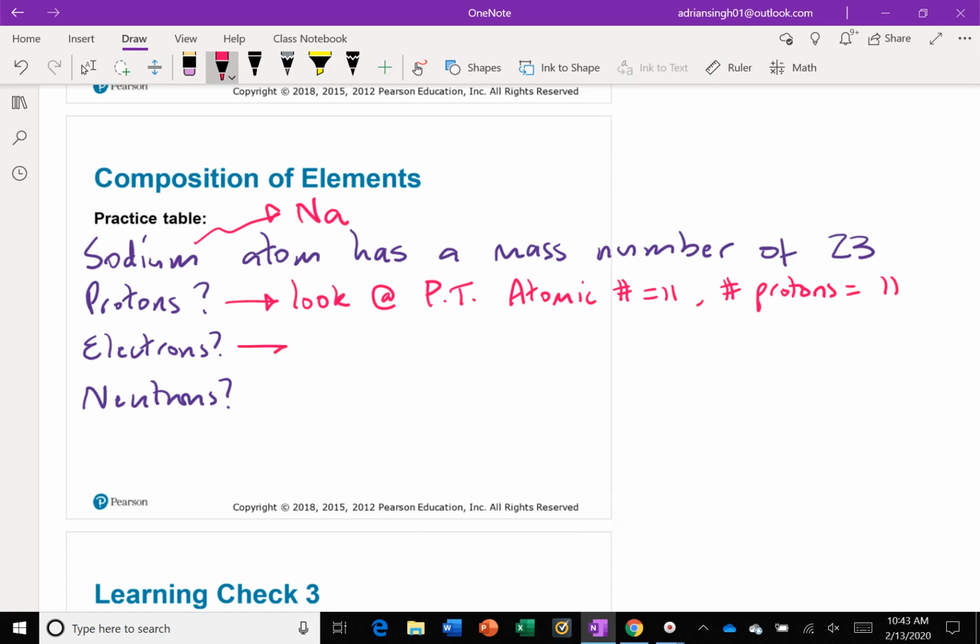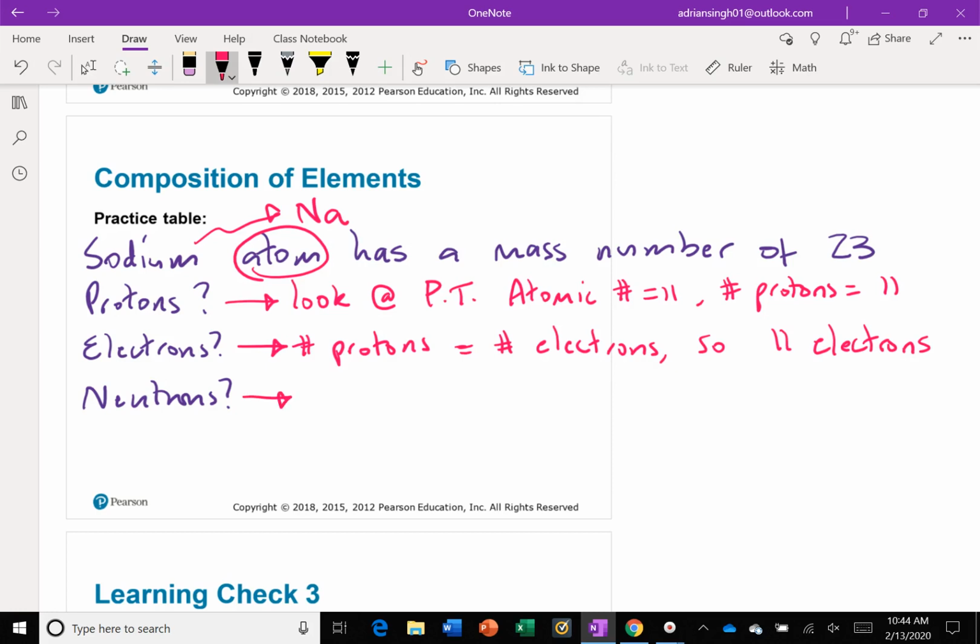To get the number of electrons, this is a sodium atom. For an atom, the number of protons is equal to the number of electrons. So there are 11 electrons in a sodium atom.